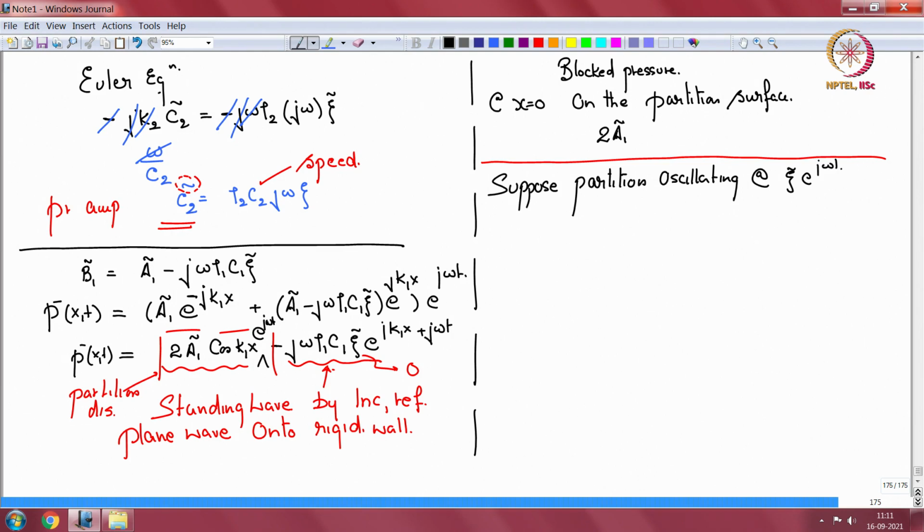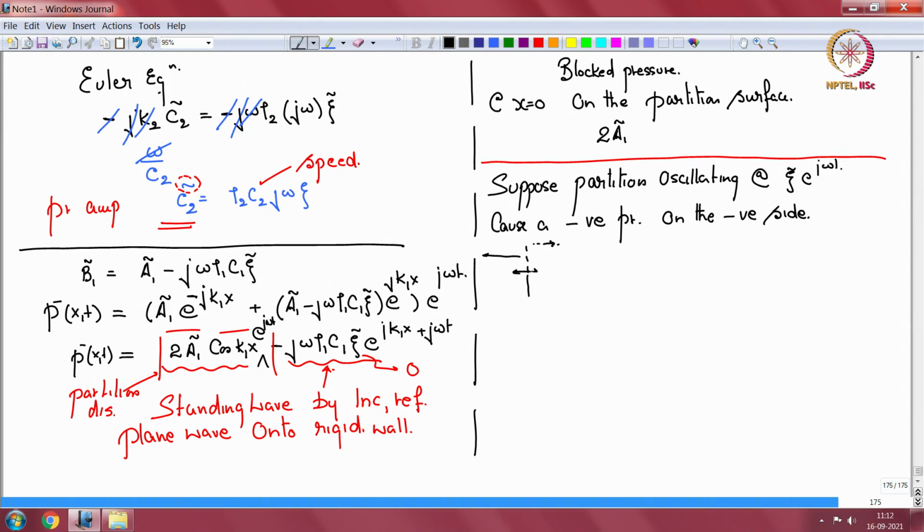Okay. So it will cause a negative going pressure on the negative side. So the partition is oscillating and therefore it will cause a pressure to go negative. It will cause a pressure to go positive also, but we are not talking about that yet.